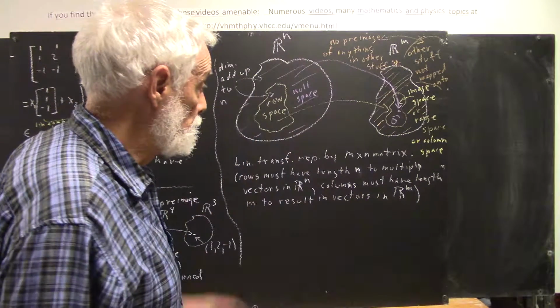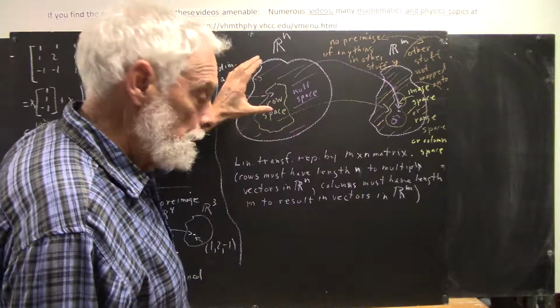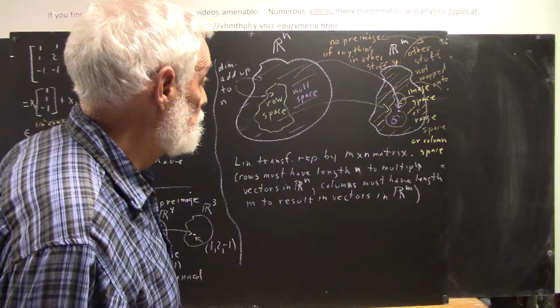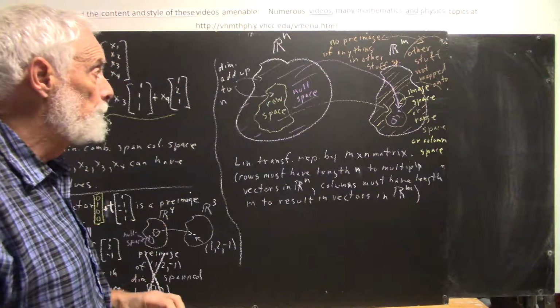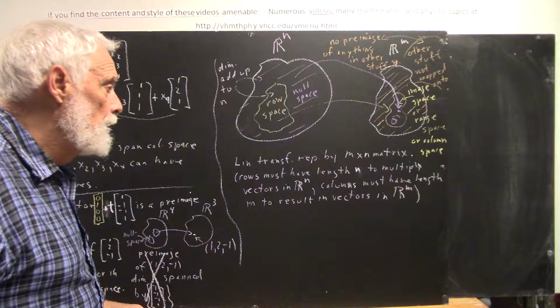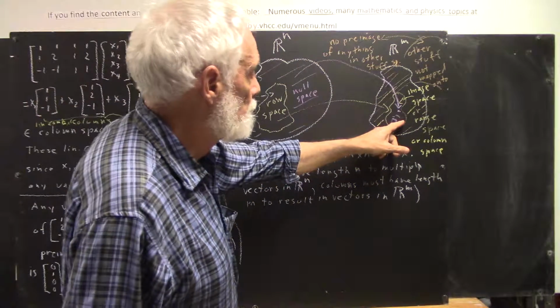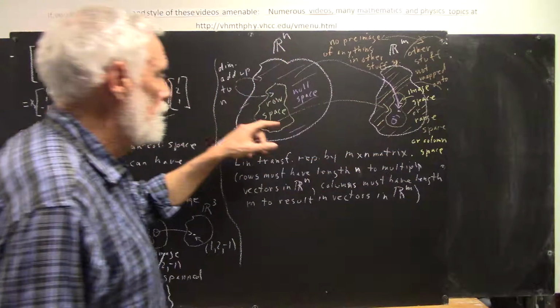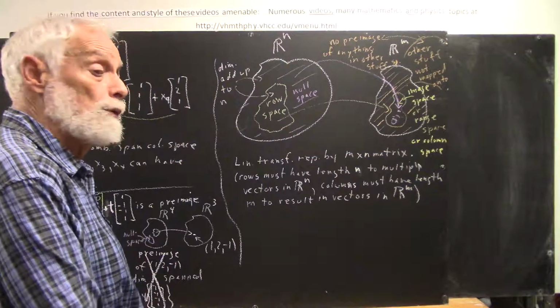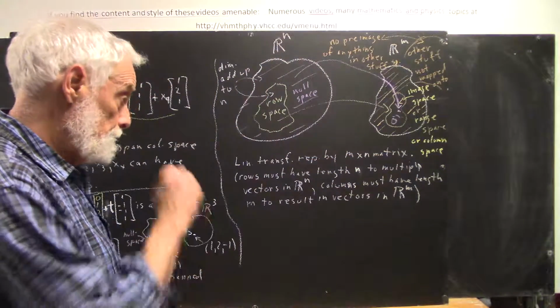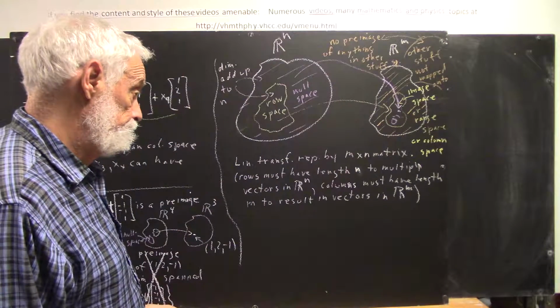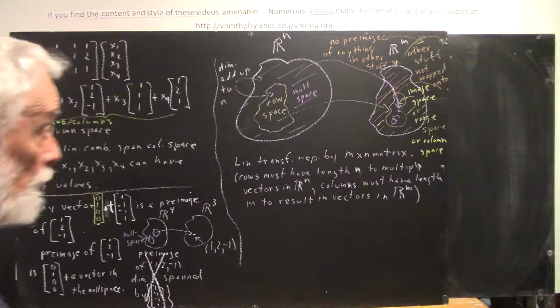You got to do a little more than just say it in order to prove it, but you do need to understand that it's so, and you should understand how to prove it. Okay? And again, your range space or your column space has the same dimension as your row space. Okay, there's nothing here I haven't already said.